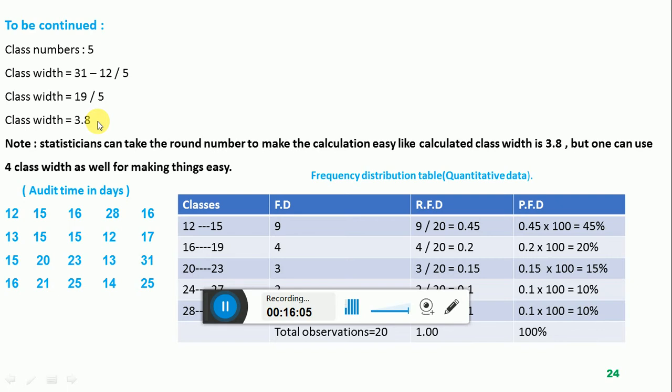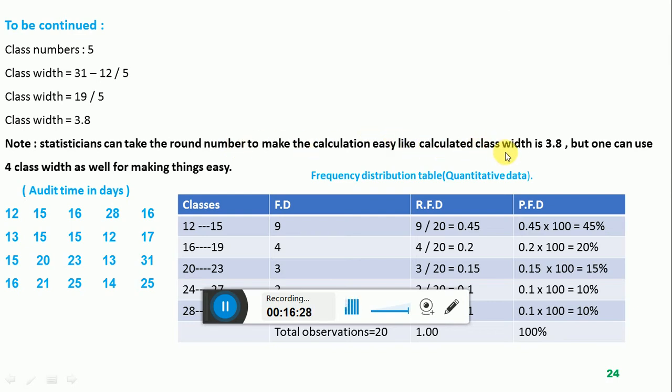What does this mean? This parameter tells us that the statistician can include 3.8 data items in each class. Class width will remain the same, and the number of data items in each class will remain the same. But I put one note here: the statistician can take a round number to make the calculation easy.